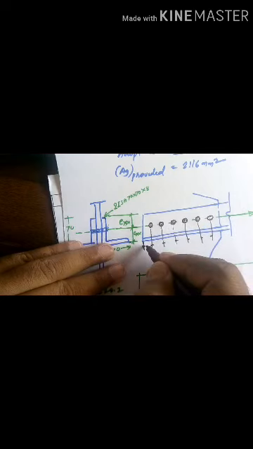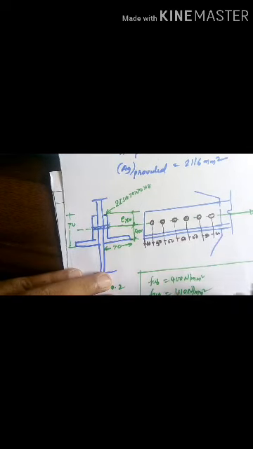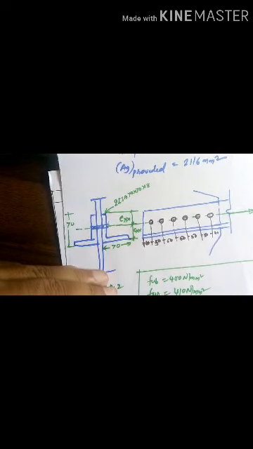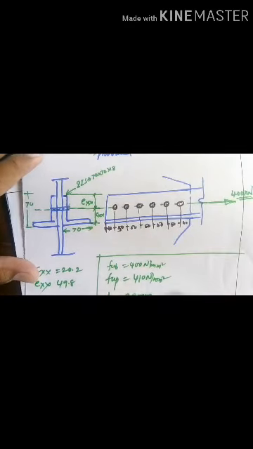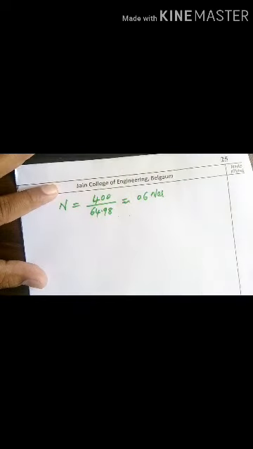So the edge distance was 40, then 50, 50, 50, 50 and 40. This we have calculated, so mark it here. After this you need to check whether the provided angle section is safe or not.